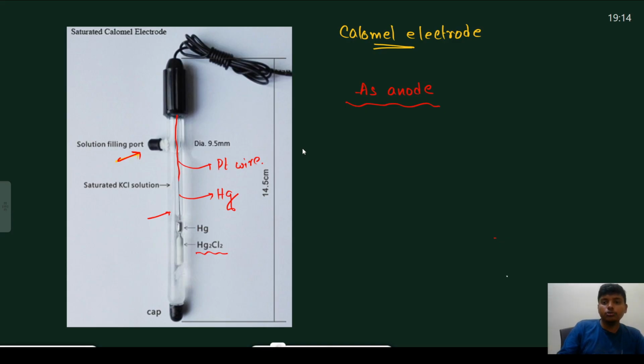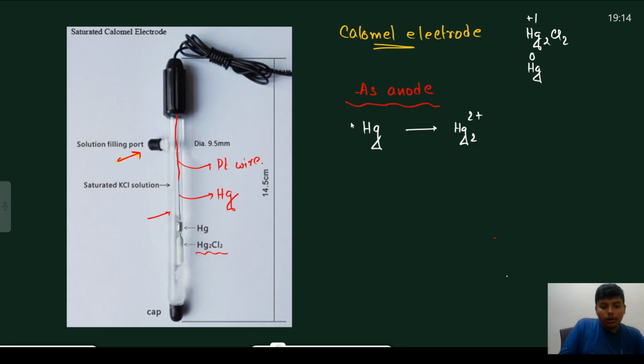Plus 1. And mercury metal has oxidation state 0. So anode means oxidation, so mercury, Hg, goes to Hg 2 plus, right?